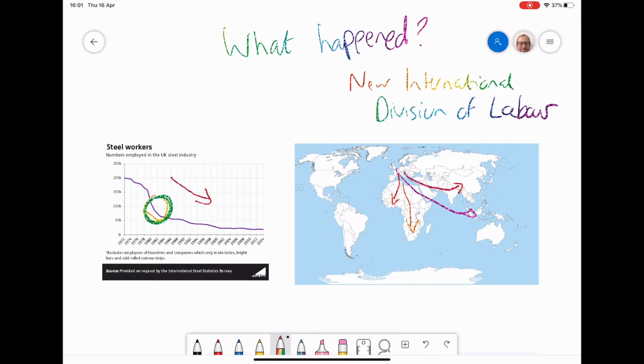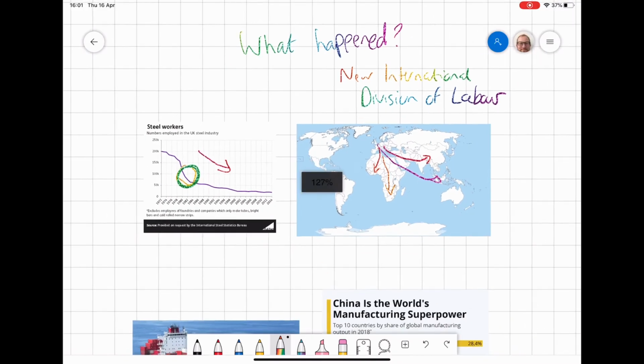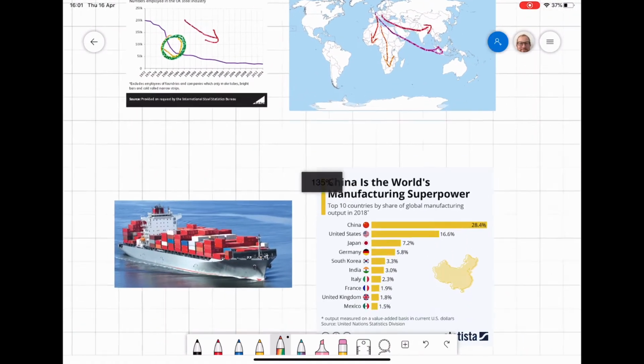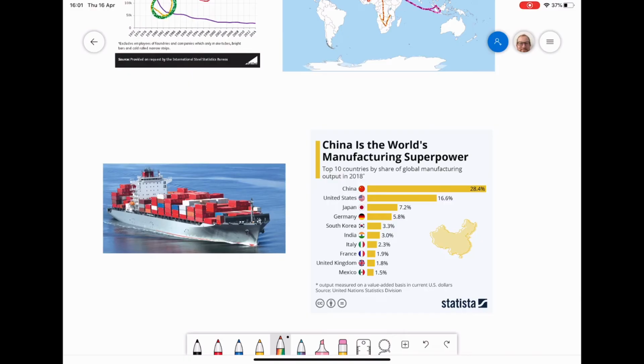So we get the scenario now where places like China are the largest manufacturing countries in the world. We still have AC countries in there, but you can see we have Mexico, we have India, we have China, all in the top 10 countries, where in the 60s and 70s it would have been the UK, Germany, Japan and the United States.